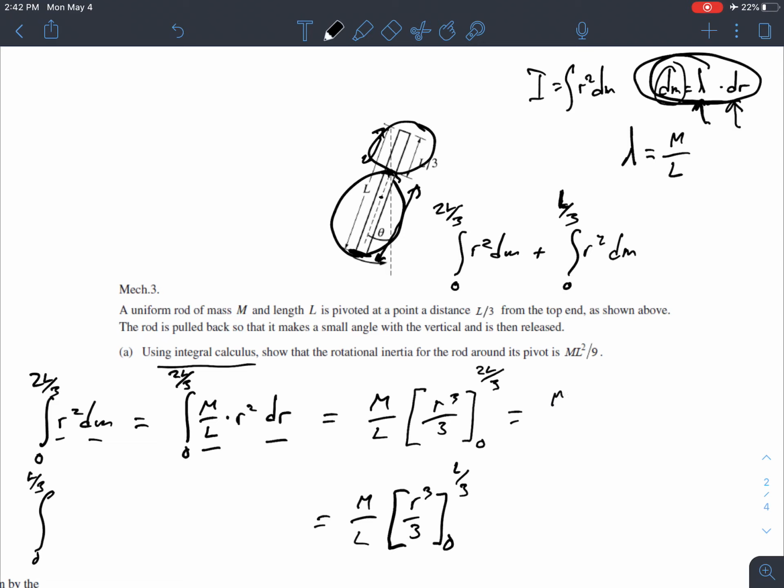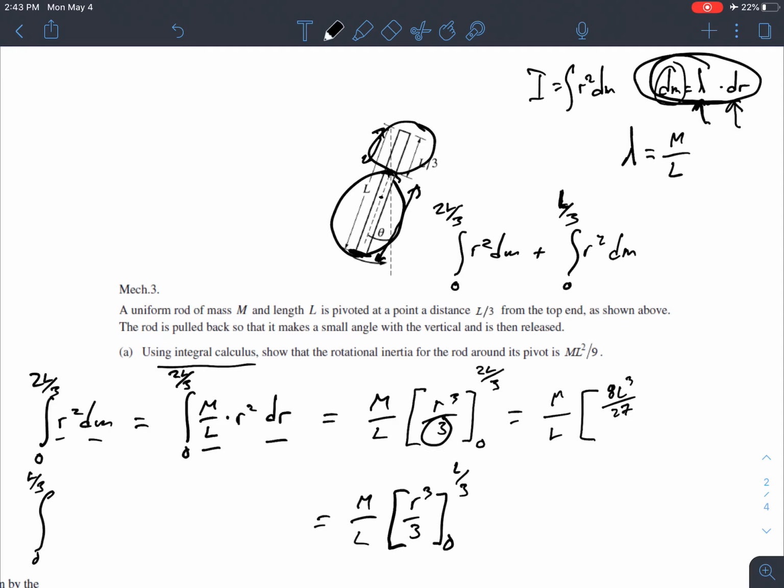Okay, so let's see what we get for this one. I've got m over L times this cubed. So 2L over 3 cubed is, let's see, 8L cubed over 27.